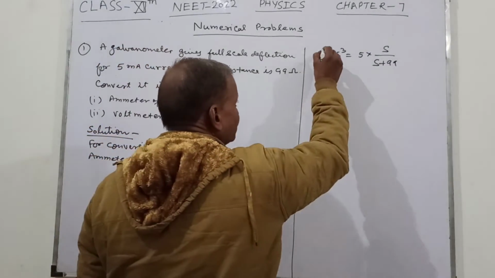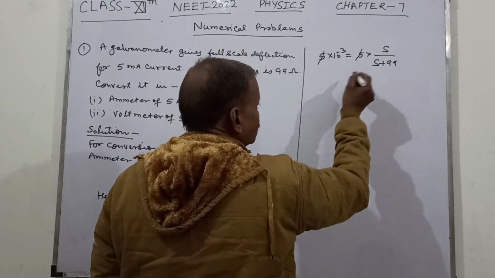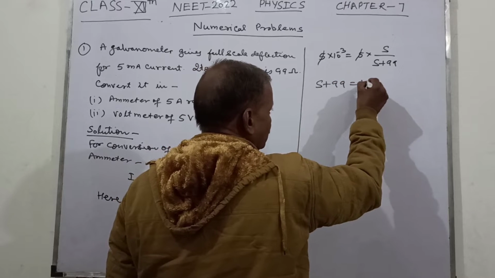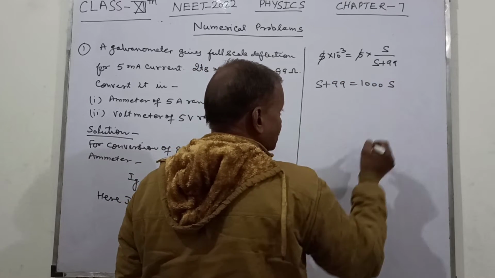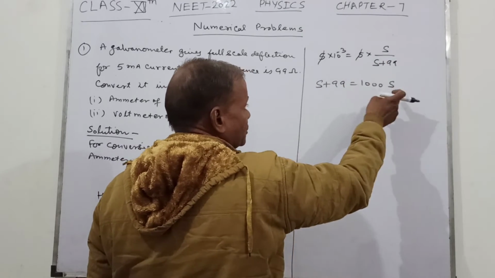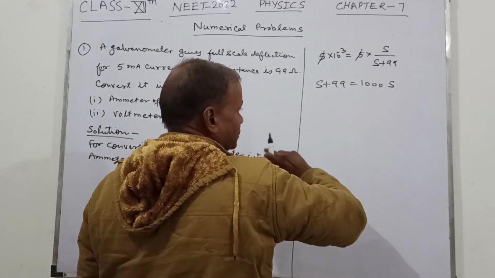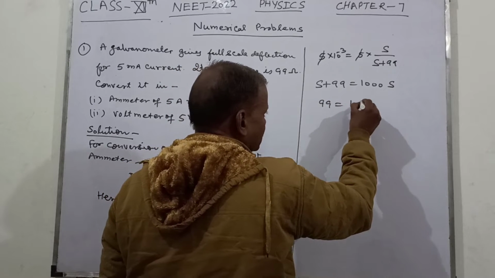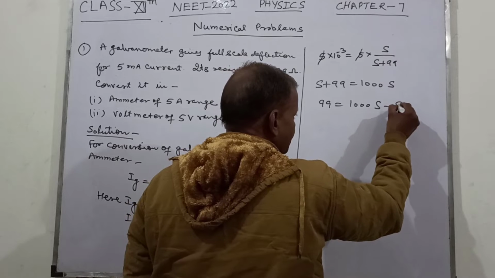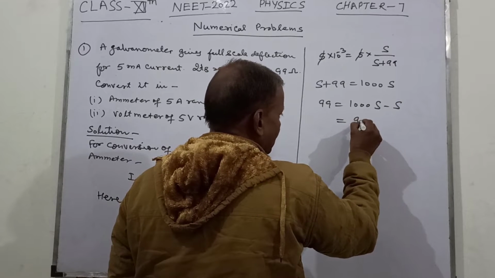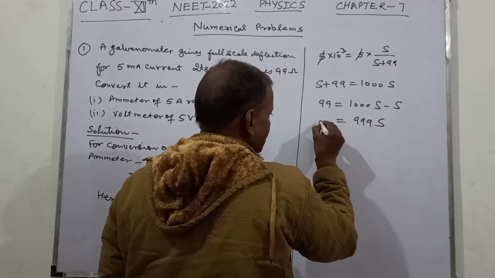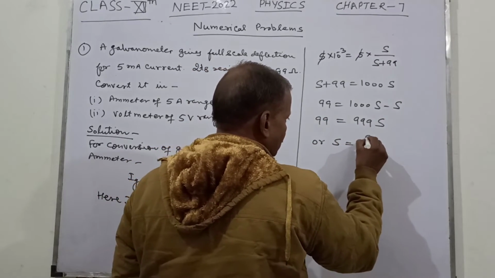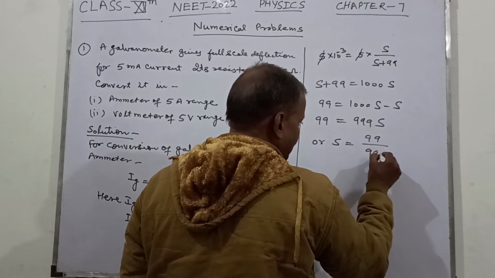Now you can see that this 5 and 5 will cancel. So we will have S plus 99 equal to 1000 S. So 99 equal to 1000 S minus S, which is 999 S. So S equals 99 upon 999.